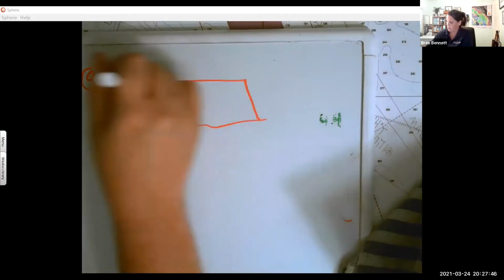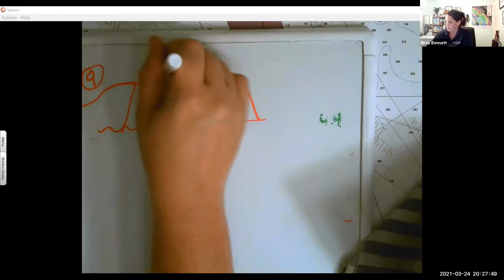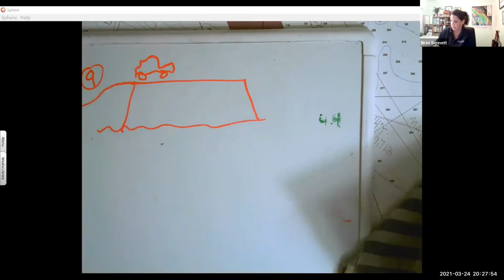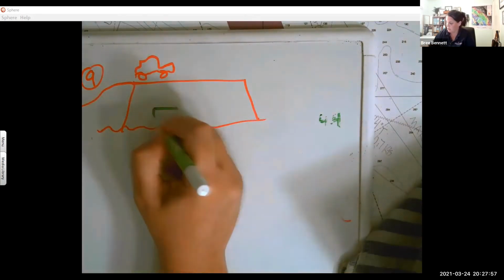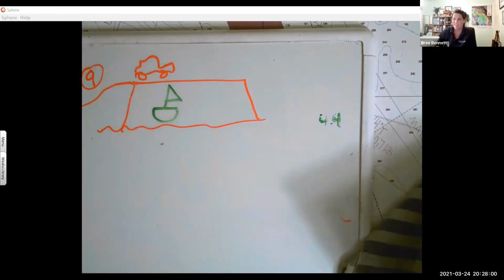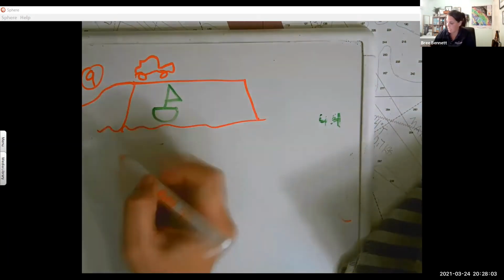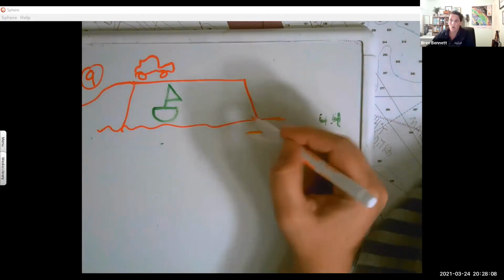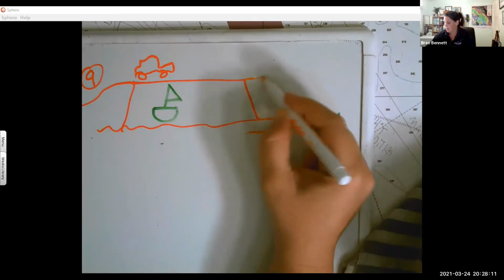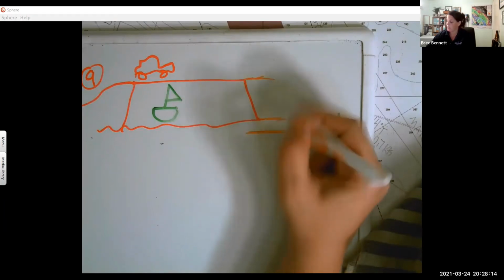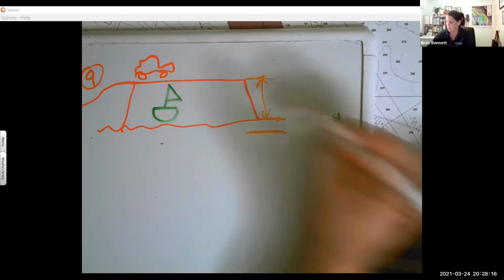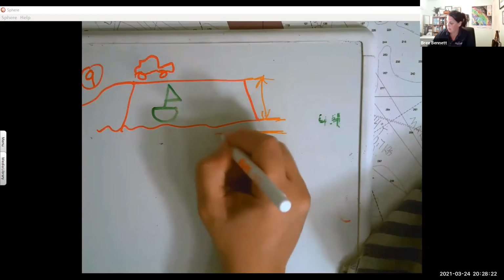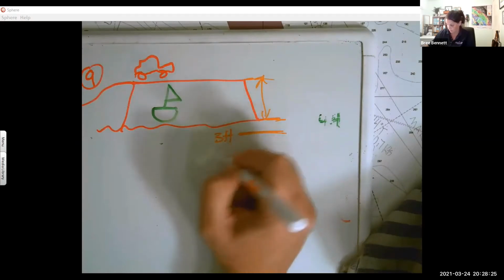So essentially for number 9, here's our bridge. Maybe there's some cars up here or something. Oop, there's a car. Okay. We're on a little boat. And we want to know when this tide, in order to get clearance that I've calculated from the charted height of the bridge and everything, I've charted that I need my tide to be 3 feet or less.